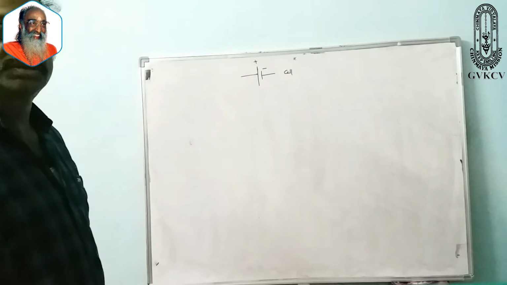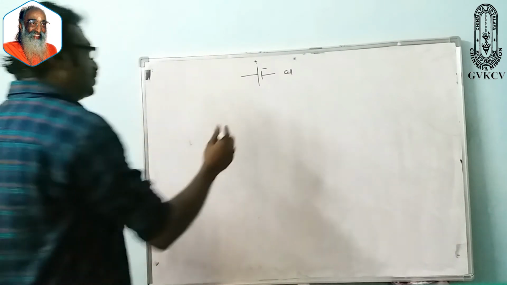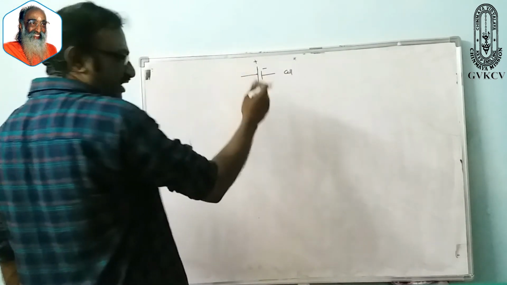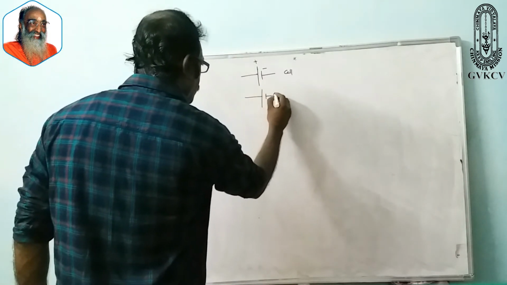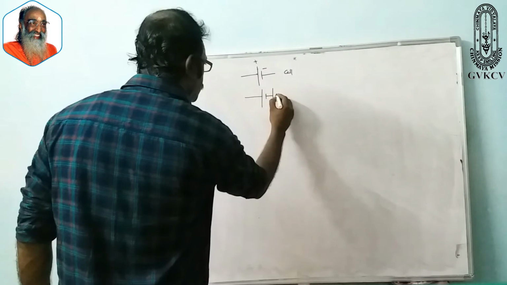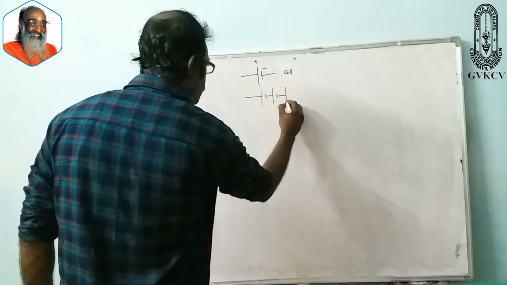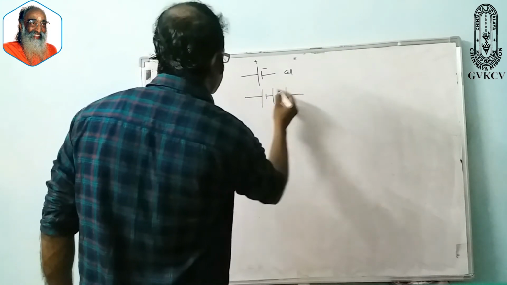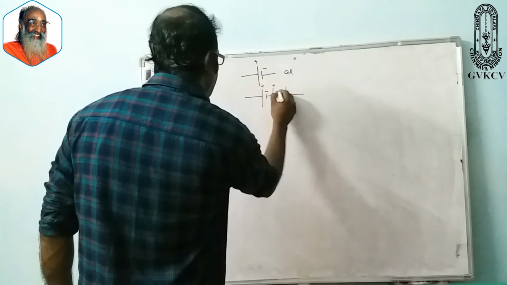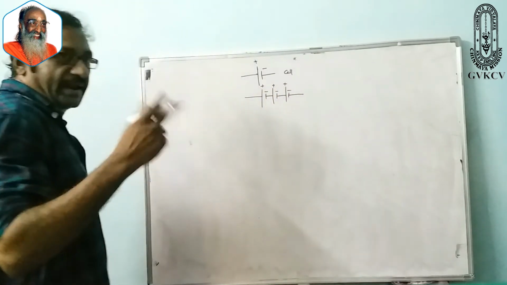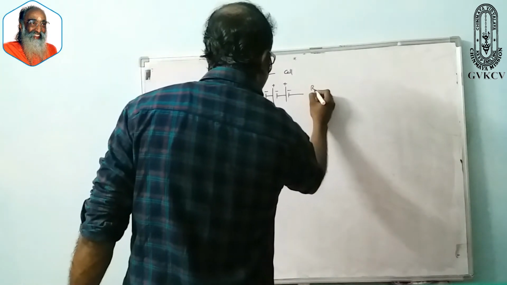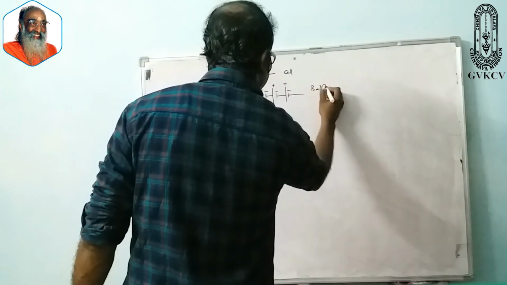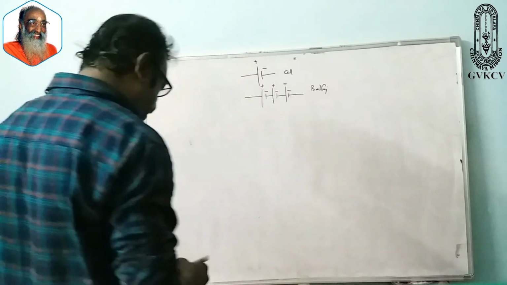A battery is a group of cells, which means cells connected end to end: positive, negative, and negative connected to positive and negative, like this. The battery consists of more than one cell, the grouping of cells.